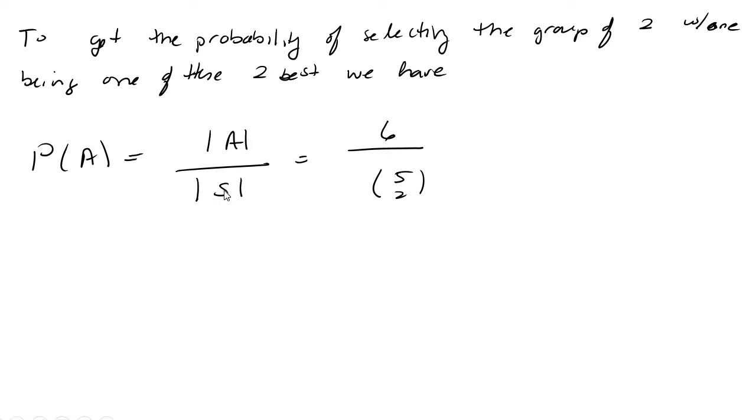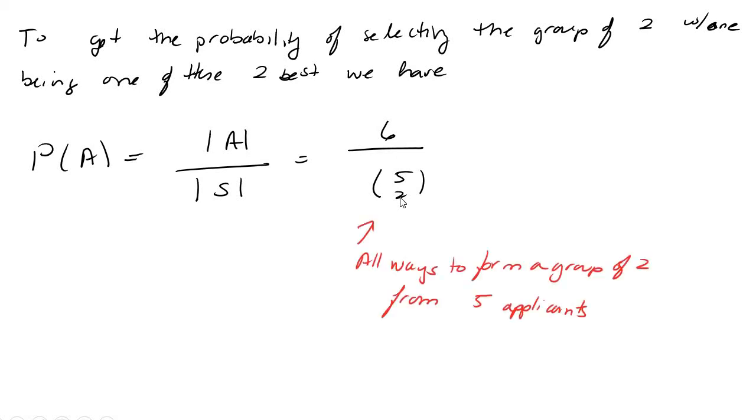That's a subset of the total sample space, which is just pulling a group of 2. So these are where I happen to have one of the best applicants in the group of 2, and this is all groups of 2. When I write it down, it's all ways to form a group of 2 from all the applicants, and I get 6 over 10, which is 0.6.